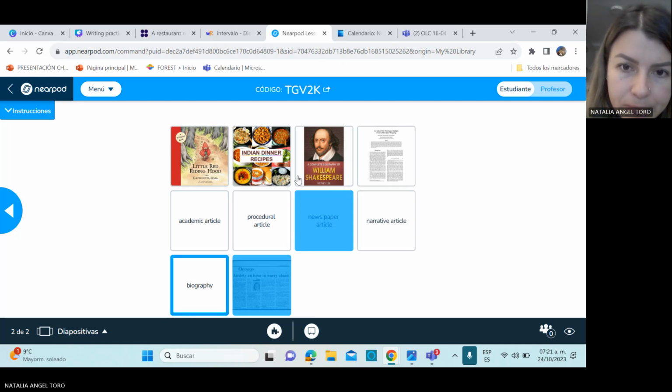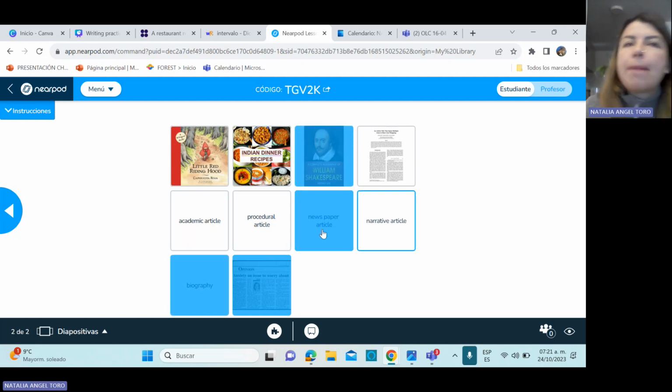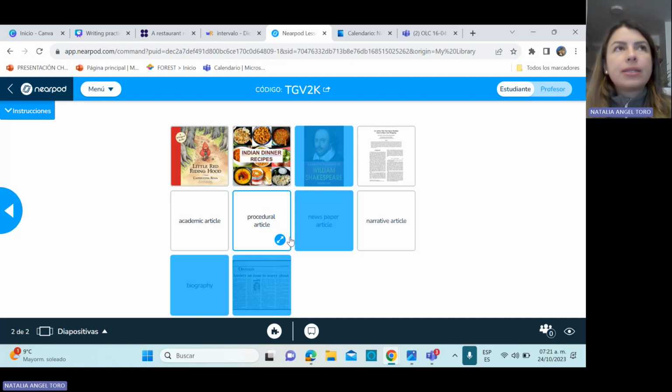Maybe in this picture, William Shakespeare. William Shakespeare. Yeah, the biography article is an article to talk about a main character or a person who did something important in history. So yes, William Shakespeare in this case is a biography.